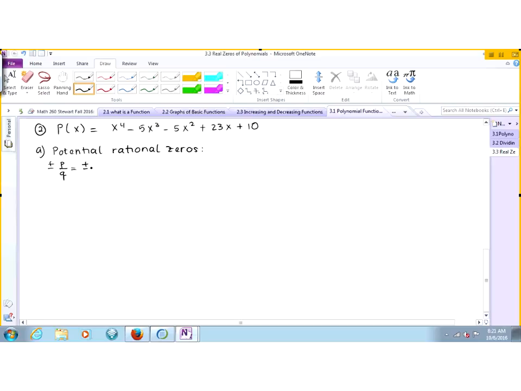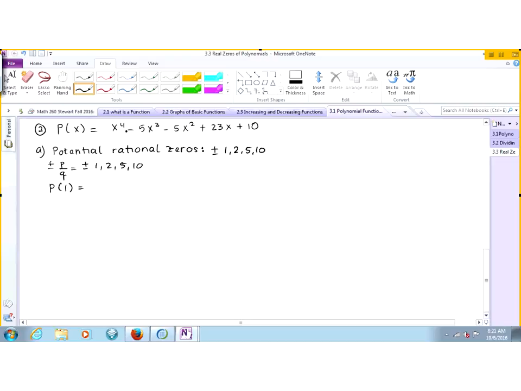Plus or minus P over Q. P is what? 1, 2, 5, 10. Okay. So we have 8 values. 1, 2, 5, 10. All right. So which one of these is a real zero? So you gotta do trial and error.